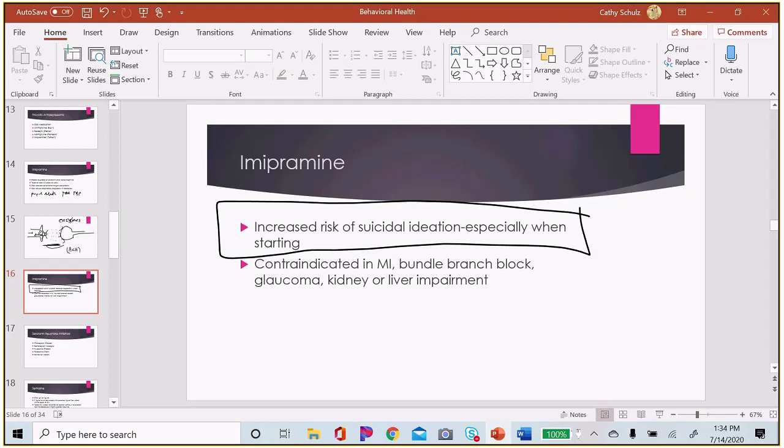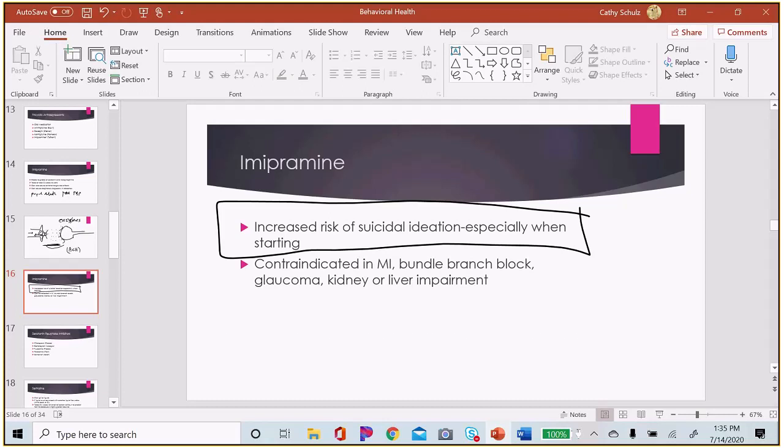My theory is that it's easier to affect the neurotransmitter like norepinephrine that helps with concentration and motivation than it is to affect the serotonin right away, which affects mood, so they end up having more ability to do things before they truly start to see the impact on their mood itself. So anyone starting an antidepressant, especially an adolescent, is at increased risk for suicidal ideation, and needs to be watched carefully when first starting.